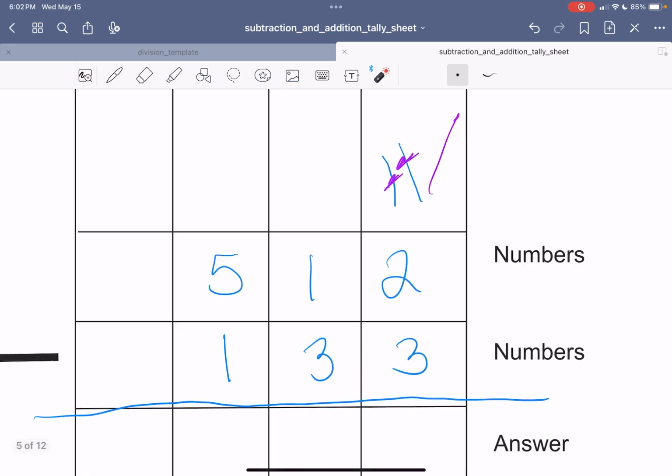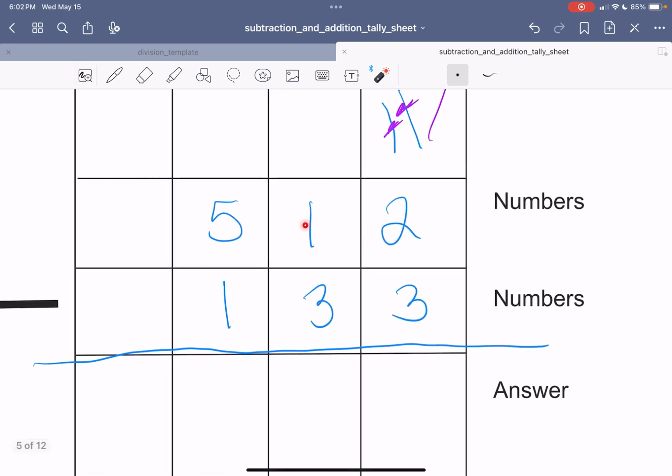So that means I'll have to go next to the 2 and borrow. I'm going to borrow from the 1, and the 1 becomes 0. And the 1 that I borrowed, I'm going to give it to the 2. So now the 2 becomes 12. So 12 minus 3.